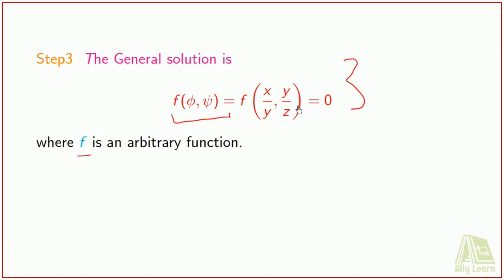Okay friends, so with this we end today's lecture, and in the coming videos we will be discussing the second and third methods of Lagrange's method. In the second and third methods, we try a slightly different way of calculating the two functions phi and psi.